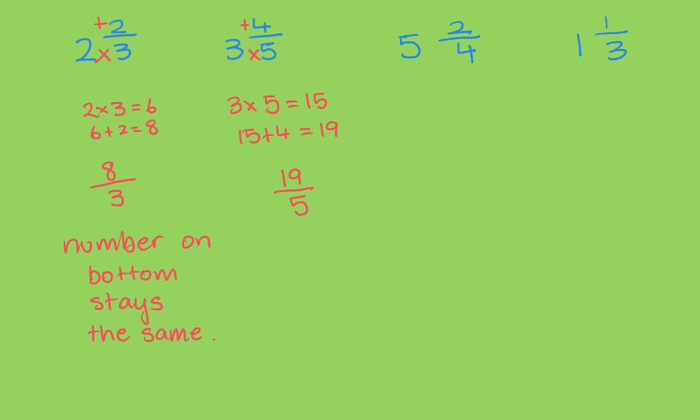And the next one, we're going to multiply 5 times 4 and then plus on the top. So 5 times 4 plus 2.